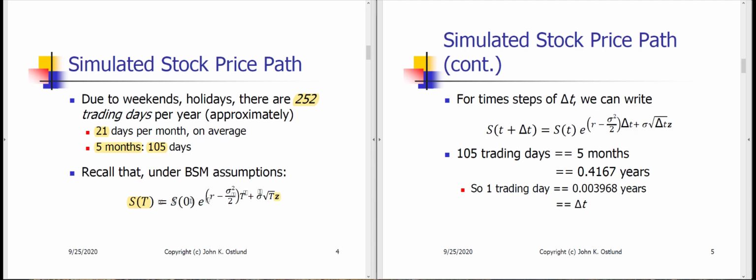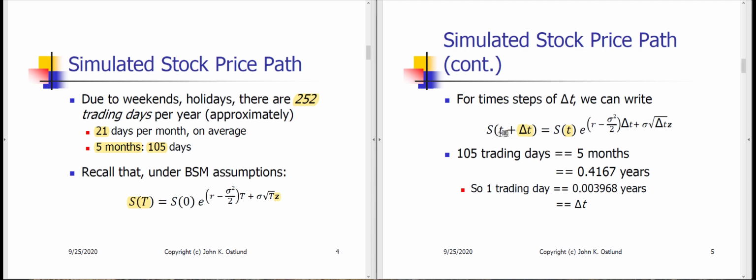All right, well, we can generalize this formula by just assuming that the final time is some small time step. So let's suppose that we are currently at some time little t, and we want to move forward by some small time step delta t.